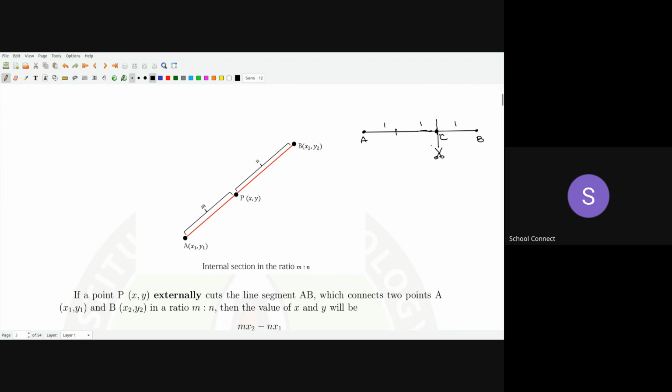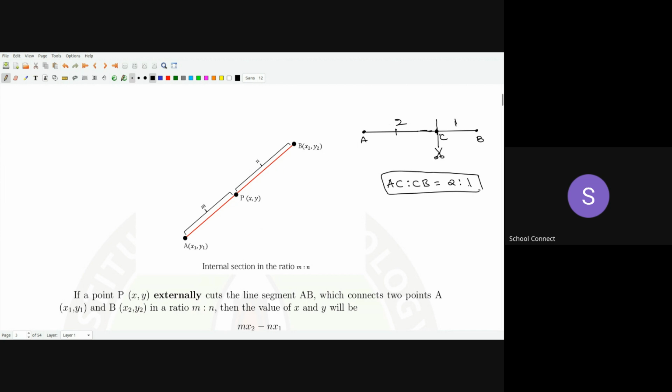Now when you divide this whole line at this point, this 1 and 1 will become 2 and this will be 1. So now this C divides the line AB in the ratio 2 is to 1. That is what we call. So AC is to CB is 2 is to 1.